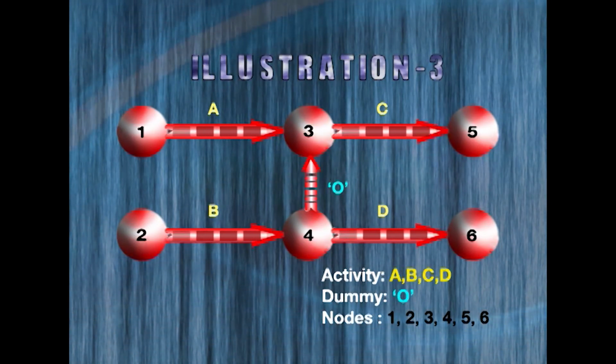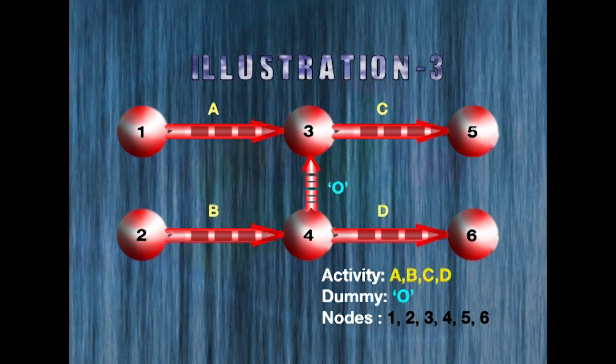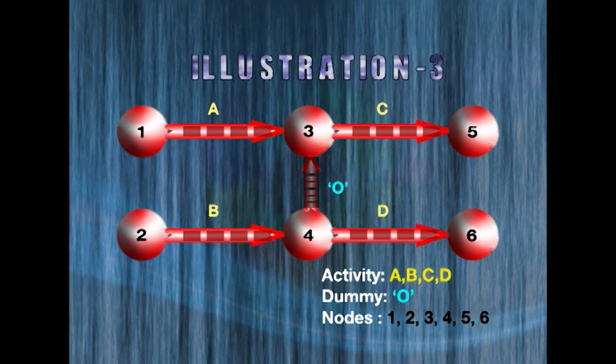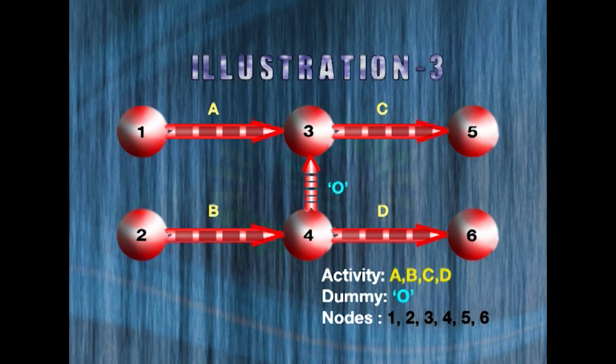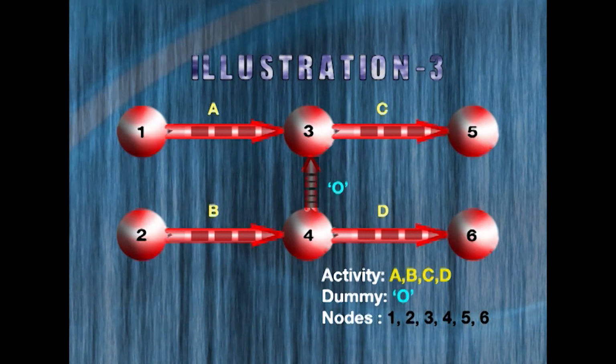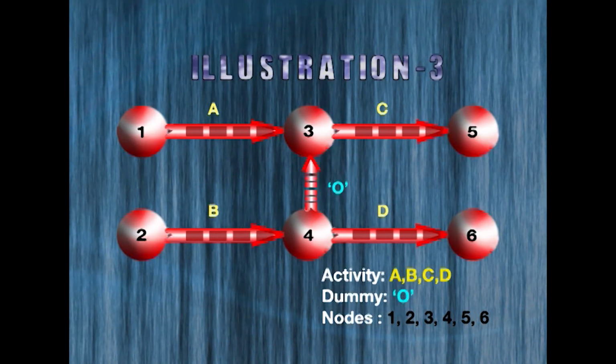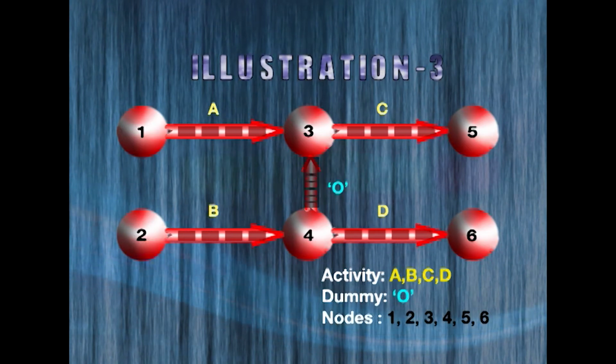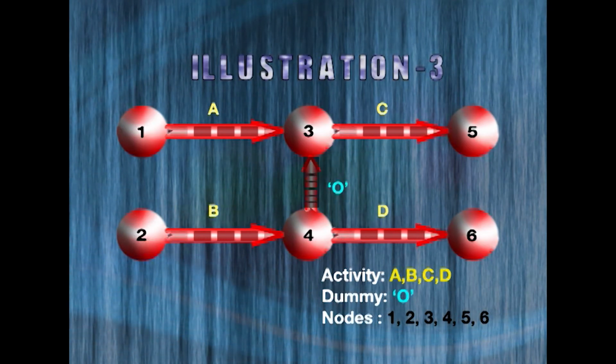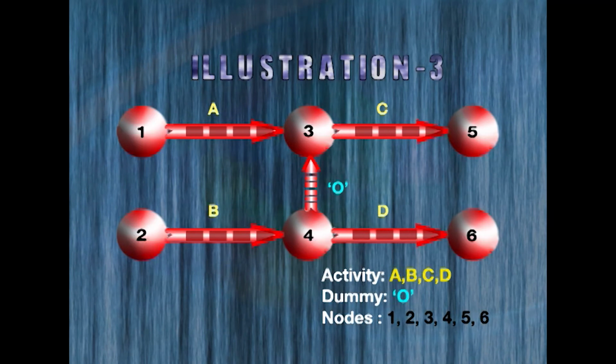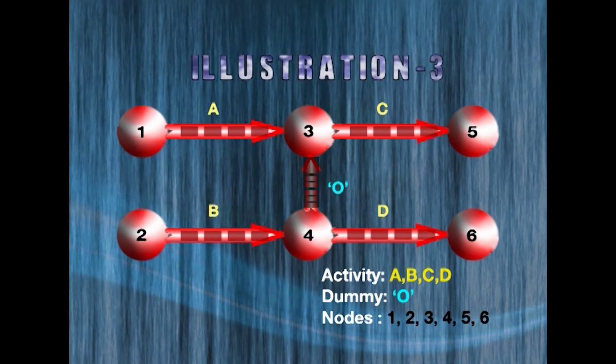You can see this is denoted by a dotted line going from 4 to 3. What is the meaning of this? This is a dummy activity that does not consume any time. I have not given any time commitment for this dummy activity. It is denoted as a dotted line. That means it is not a real activity, it is a virtual activity.